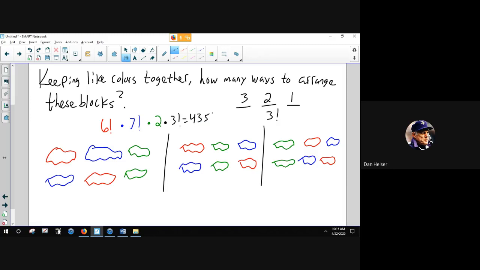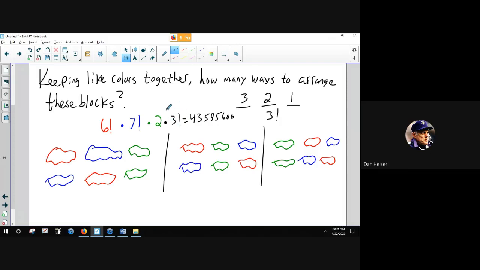And we get several million, about 43.5 million ways to shuffle all these blocks around. So in a problem like this, where we're keeping like groups together, shuffle within each group, and then rearrange the groups themselves.